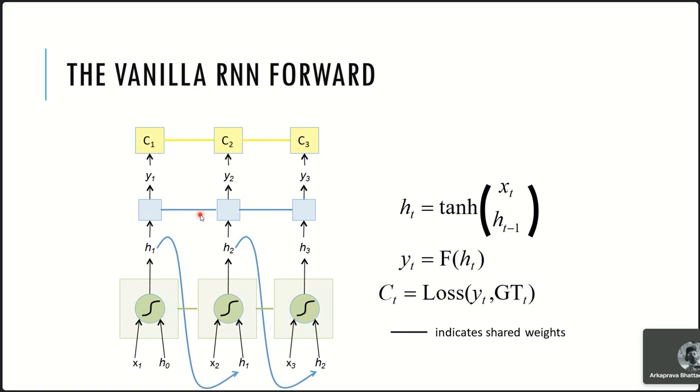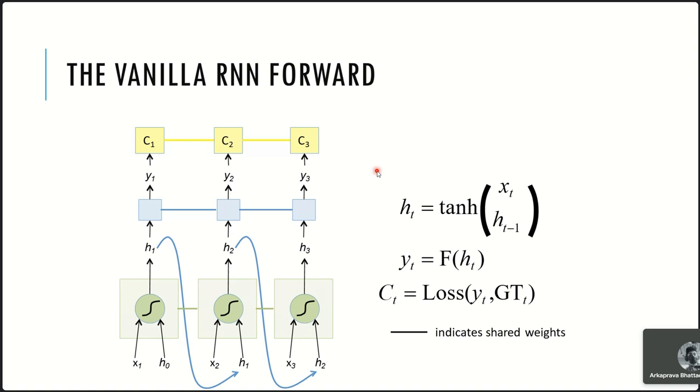This is called sharing of weights. This is an important part because based on this only we will be performing sequence modeling. Okay, so this is your basic architecture of how an RNN looks.